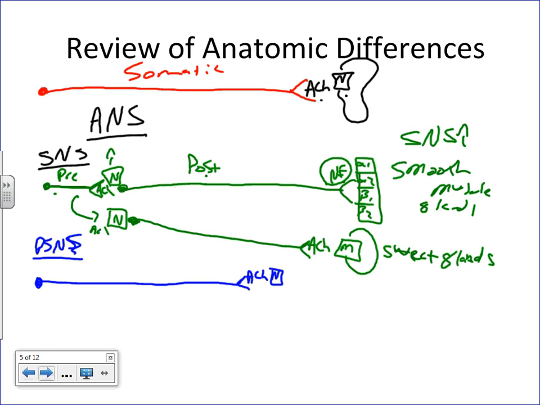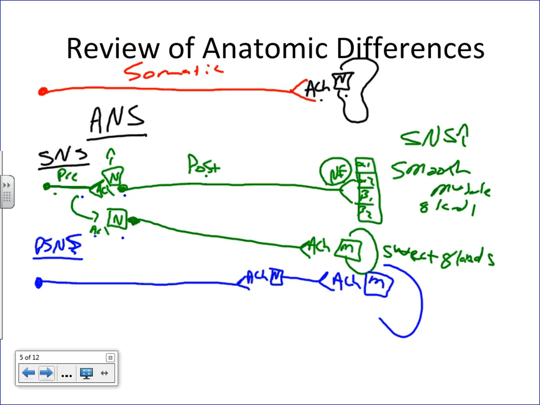And remember, what did we say occurs between the preganglionic and postganglionic neurons when acetylcholine and nicotinic receptors meet up? We said that this is excitatory. And then the postganglionic neurons are a lot shorter, and these release acetylcholine as well, and these bind to, again, the muscarinic receptors.